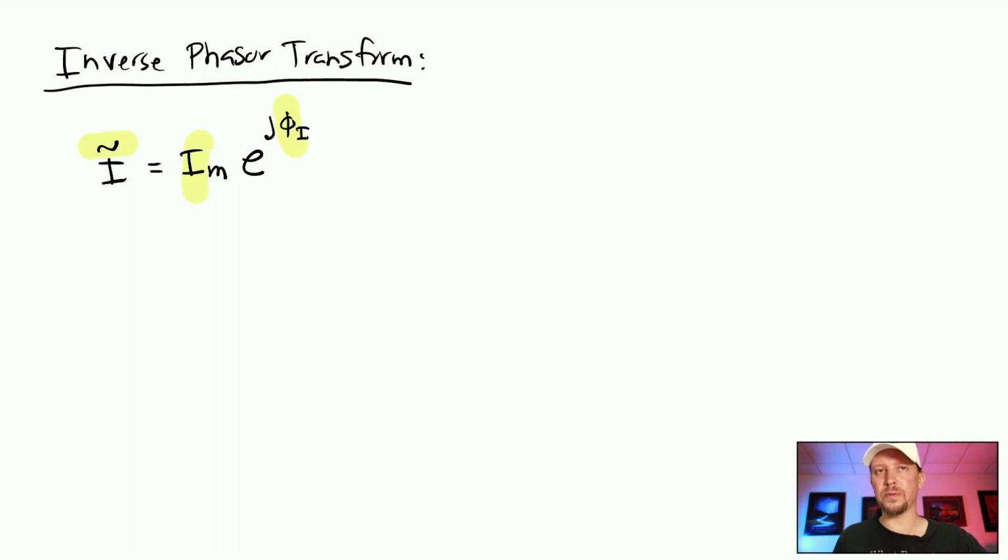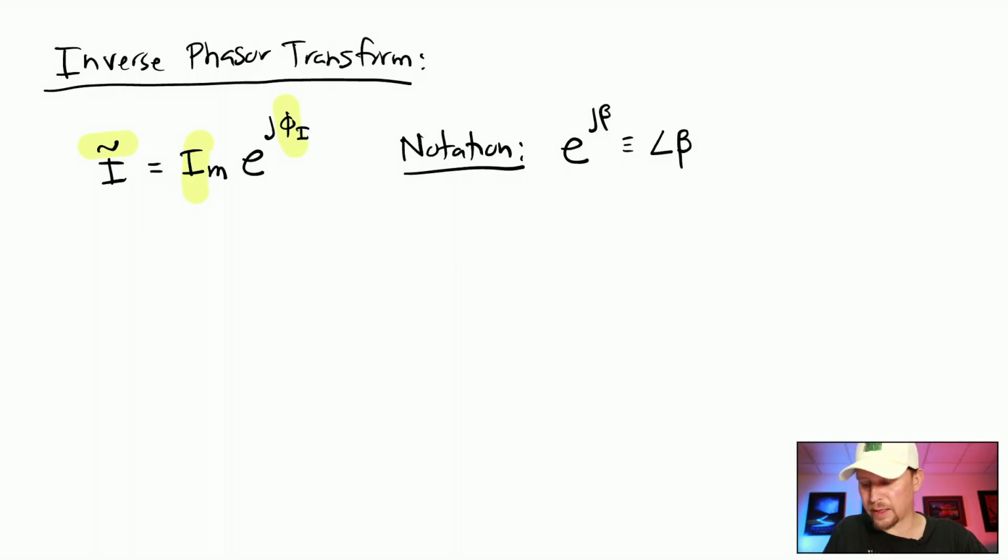I also want to introduce very quickly some notation that's going to be used throughout the course of the semester. Writing e to the j something over and over again gets unwieldy very quickly. So anytime we see e to the j some angle, maybe something like beta, this can be rewritten as angle beta.